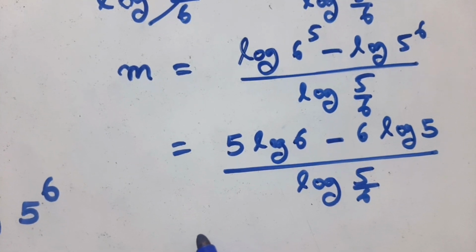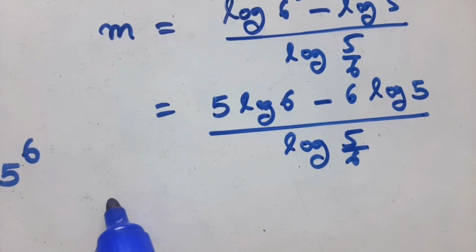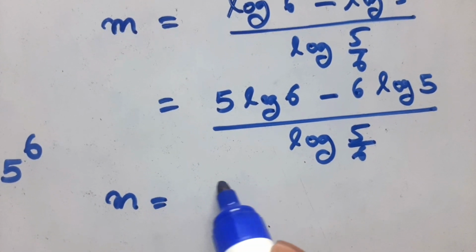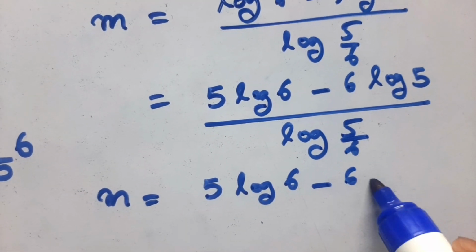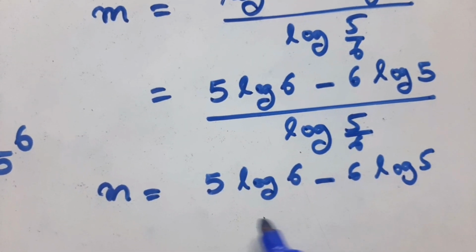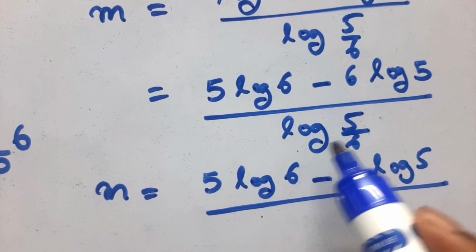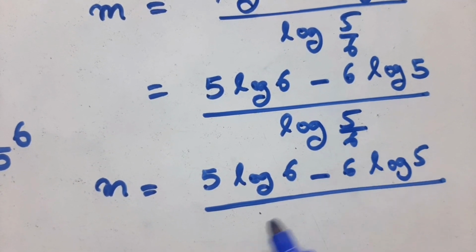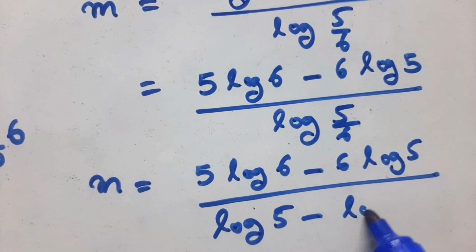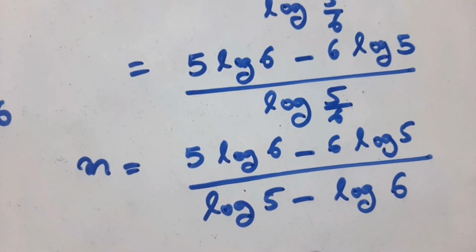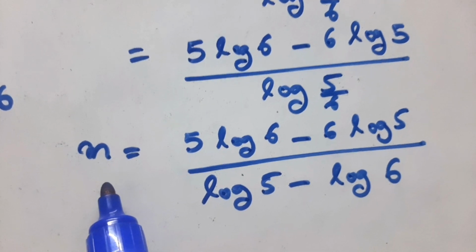Here also apply the formula: m is equal to 5 log 6 minus 6 log 5 divided by, here also apply log a by b formula log a minus log b, log 5 minus log 6. So finally we get the m value.